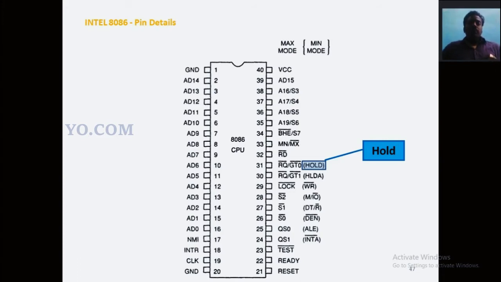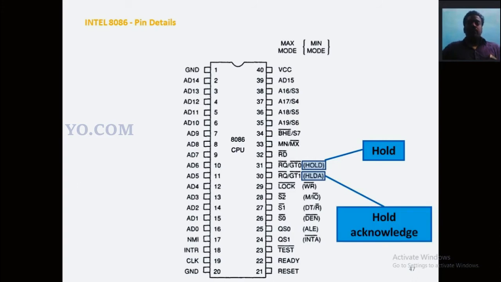Then next is HLDA, hold acknowledge. If the microprocessor provides the system bus to the external device, it generates the hold acknowledge. So hold is a request, hold acknowledge is a reply. These two are combined signals related to the system bus.